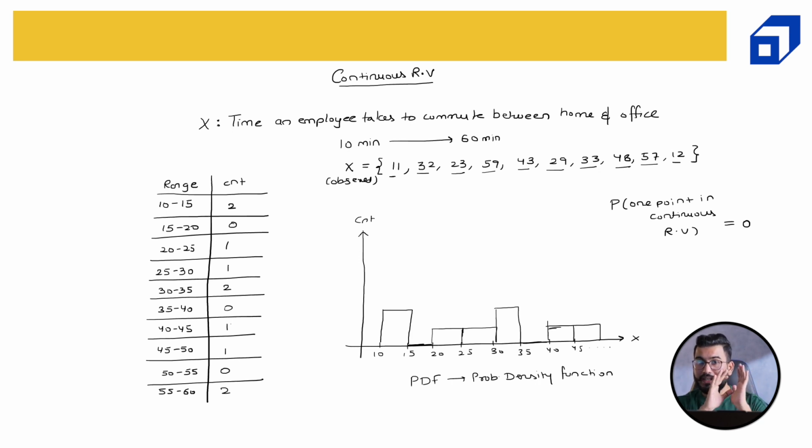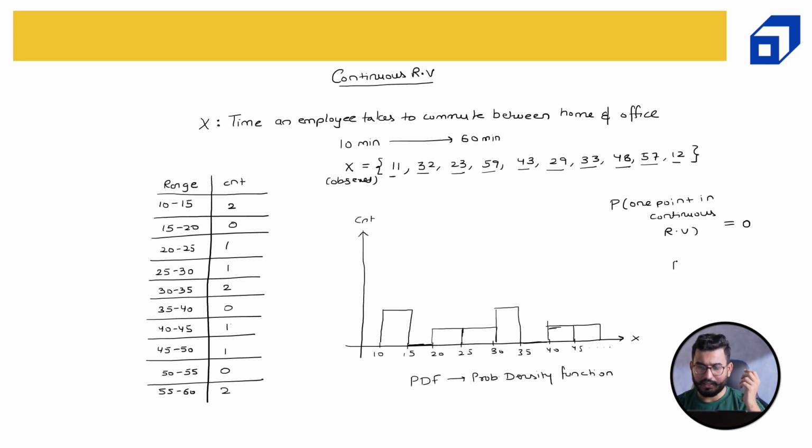The reason is we cannot calculate it, because the way we are calculating the continuous random variable is by using a measure. Here we are using a measure as the time taken by a person, right? And 10 minutes is something that a person can take an endless number of times. So we don't know how many times a person can take 10 minutes.